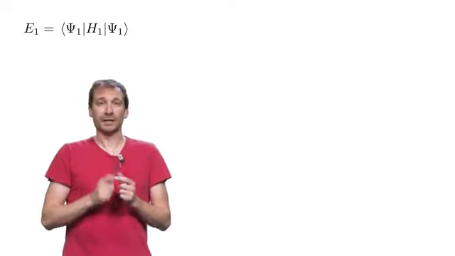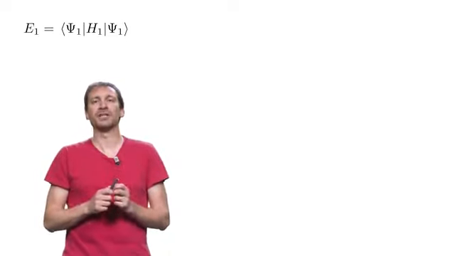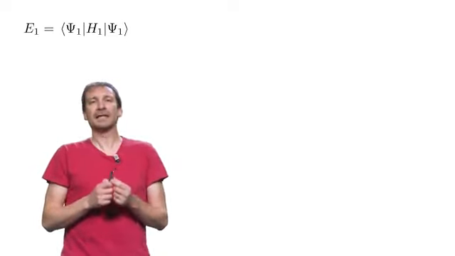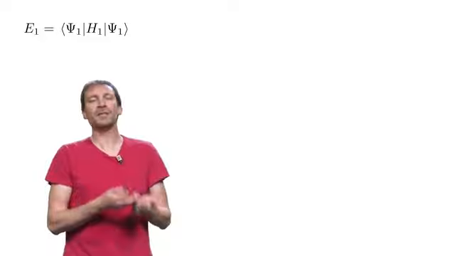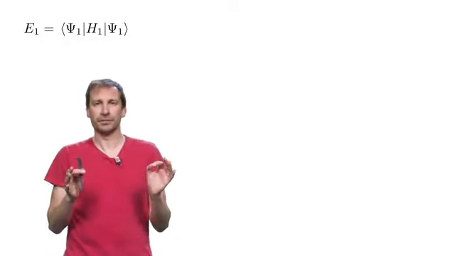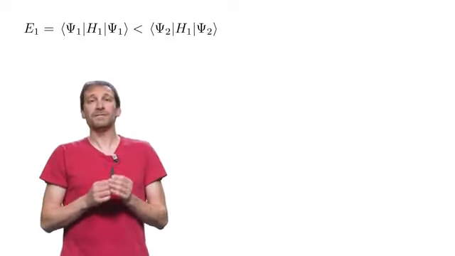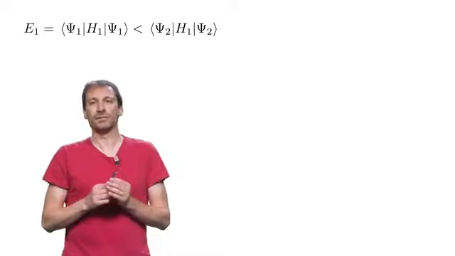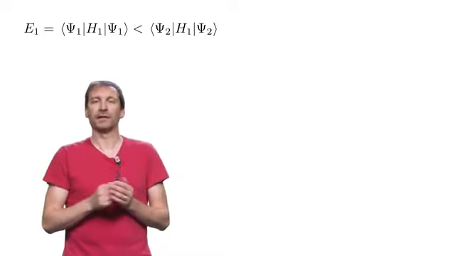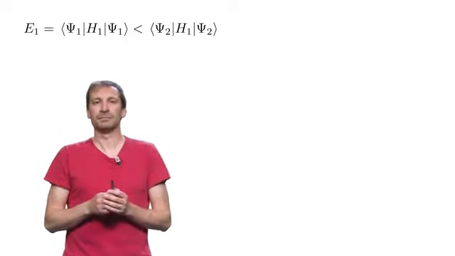E1, the total energy of the first system, the system described by the external potential 1, is given by the expectation value of the Hamiltonian 1 with the wave function 1. This is a definition. By the variational theorem, if I put here any other wave function, for example the wave function 2, I obtain a bigger value for the total energy.